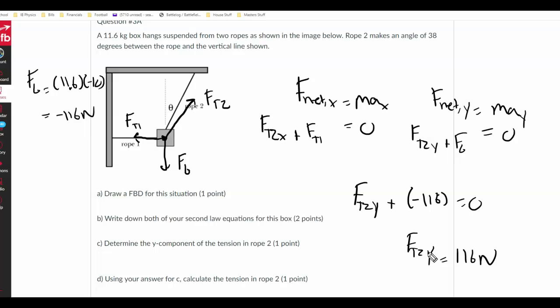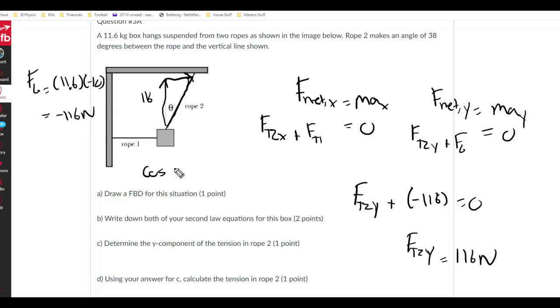D says, using your answer for C, calculate the tension in rope 2. Okay, let me redraw this picture so you can see what's happening a little bit better. Okay, so we now have this component right here, this 116. We're asked to find basically the hypotenuse of this triangle, and then Ft2x would be over here. Okay, so based off of this, I want the hypotenuse, I have the adjacent side, so I should be using cosine.